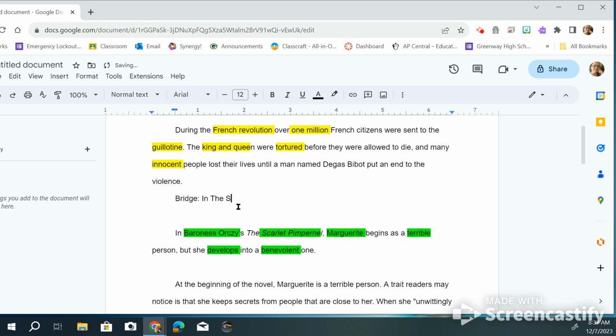In the Scarlet Pimpernel, does that come from the top or bottom? Bottom. Marguerite, top or bottom? Bottom. What do I now need? Top. I need to pull in words from the top.